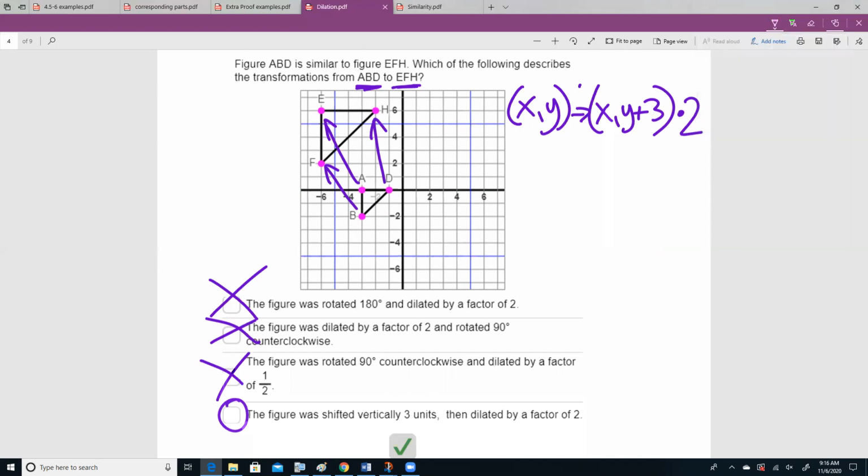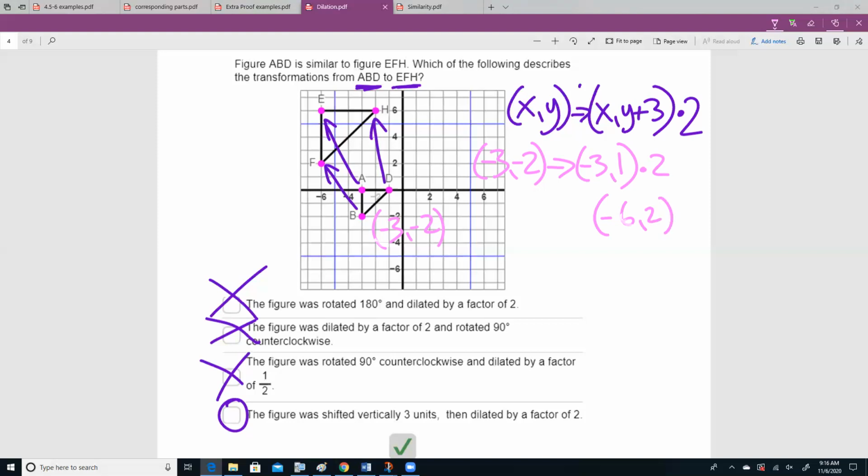Let's do one or two of these points, just to double check. It looks like B is at the point -3, -2. Let's start with that. When we add 3 to our y value, we're going to end up with -3, 1. And then we multiply by 2, and that's going to give us -6, 2.